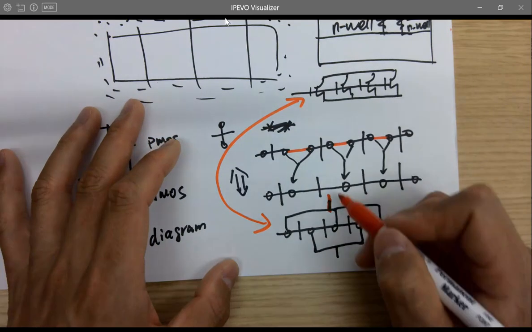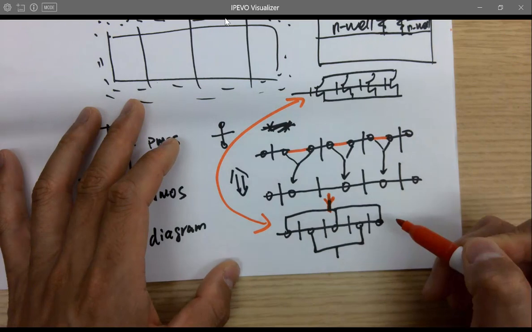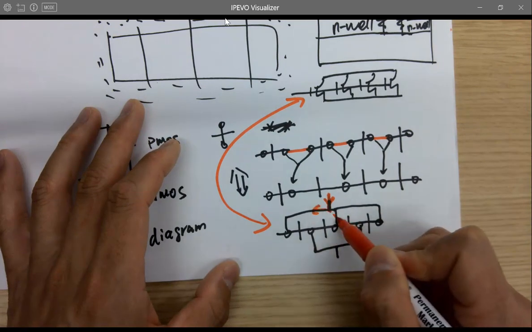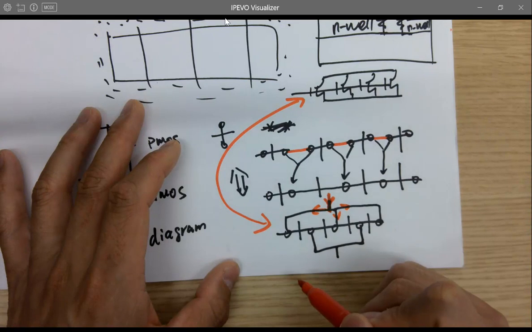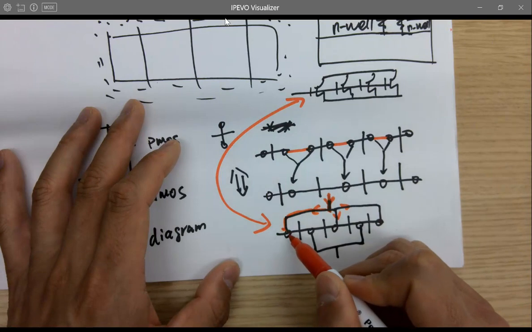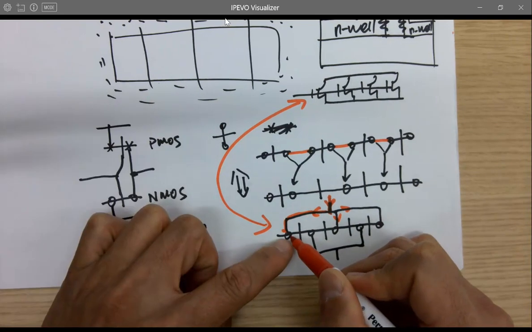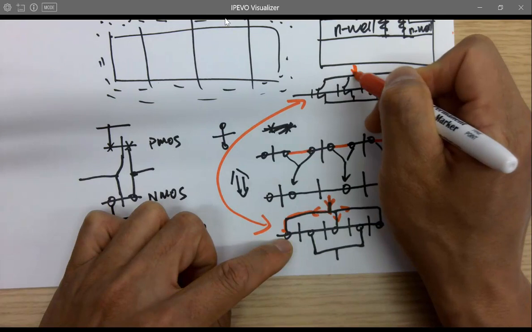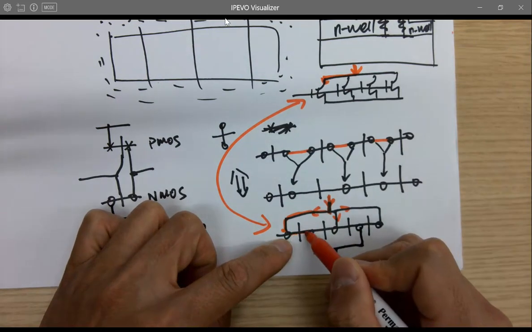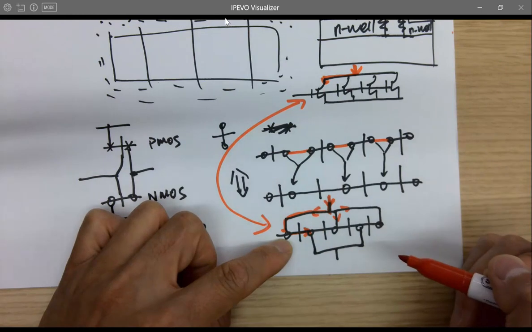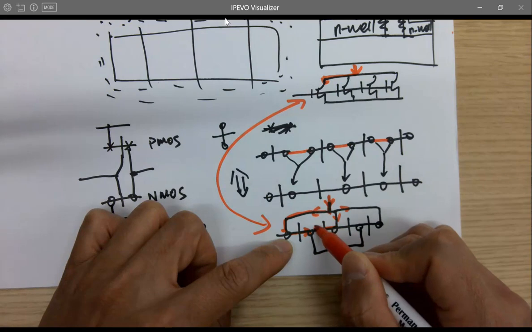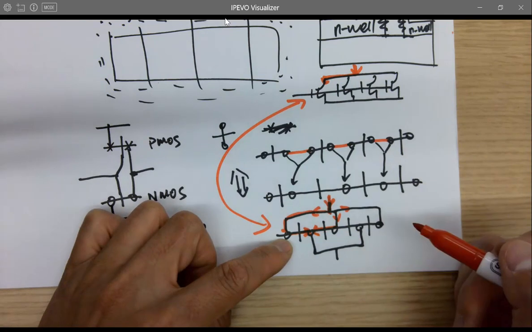Why? Because here's, for example, current flows in here. And 1, 2, 3. Okay? Current flowing here into the drain, into one drain of the transistor, like this, right? Flow into one drain of the transistor, flow through the channel. Okay? We got another one, flows through the channel. You got 2 branches.